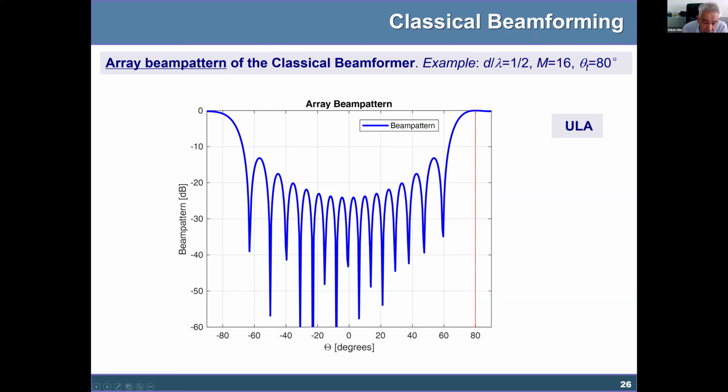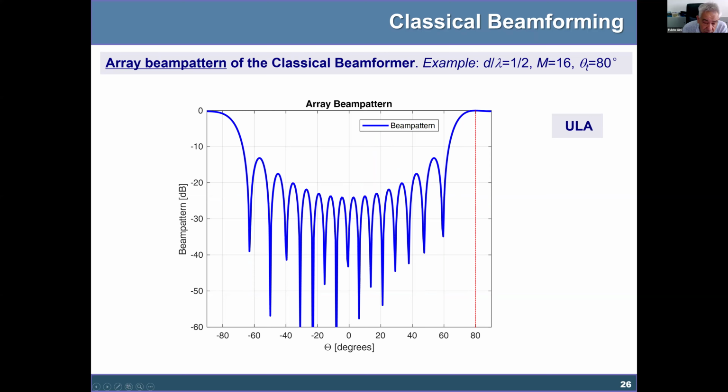Now, what happens if you don't respect the Nyquist criterion? You have aliasing. For example, if d over lambda is equal to 2, you have aliasing. What is the effect of spatial aliasing?